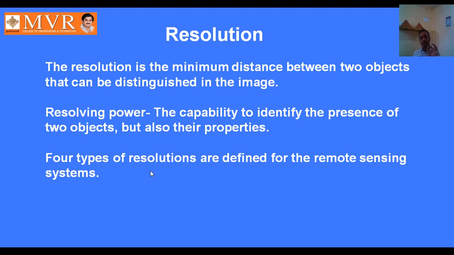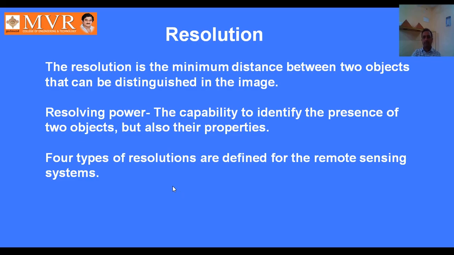So, first you have to identify the colors, and then only you can identify which object it is. Based on the color only you can identify the object name. First you have to identify the color of the satellite image. So, 4 types of resolutions are defined in remote sensing systems: spatial, spectral, temporal and radiometric.